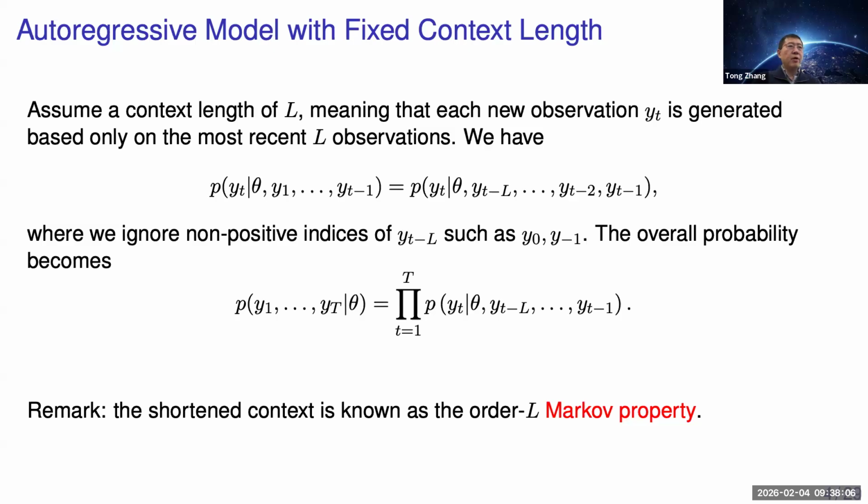So overall probability now, if you use this particular model, is you do a sliding window. Each time you are trying to predict your T-th token by using the previous context up to length L.